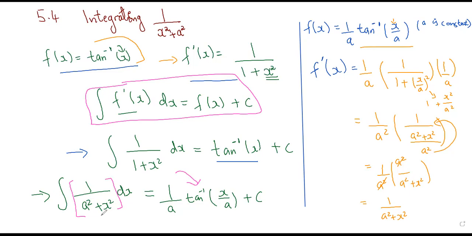Now this is the first type, where you come across 1 over a square plus x square. Obviously in your question you will not have a square. You might have 25. So if 25 equals a square, you will have 5 square, right? This is how you need to convert things and finally use this formula. So is everything clear? Should we discuss the example?